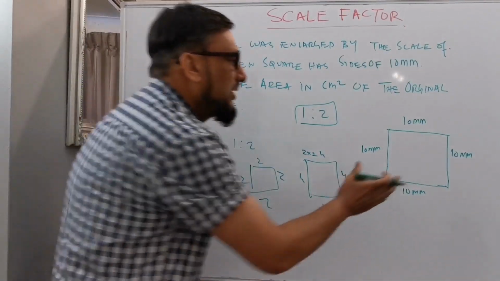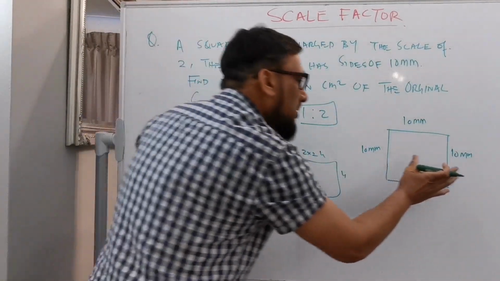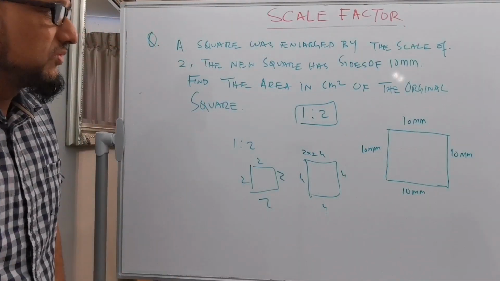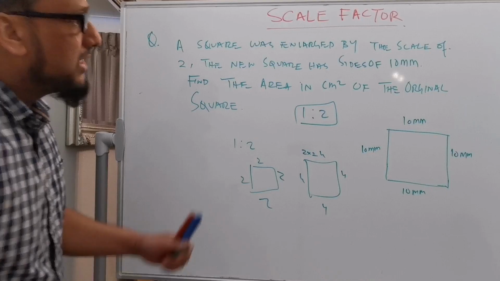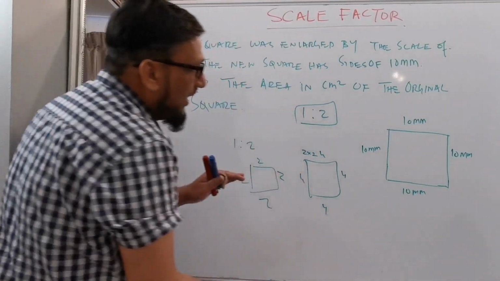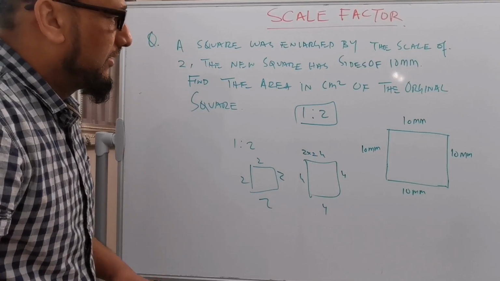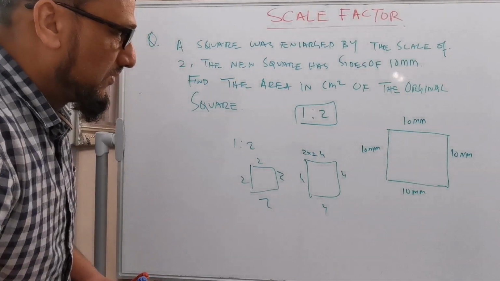But in this example, they are giving you the new square dimension, which is 10 millimeter, and you need to find the original square size first.